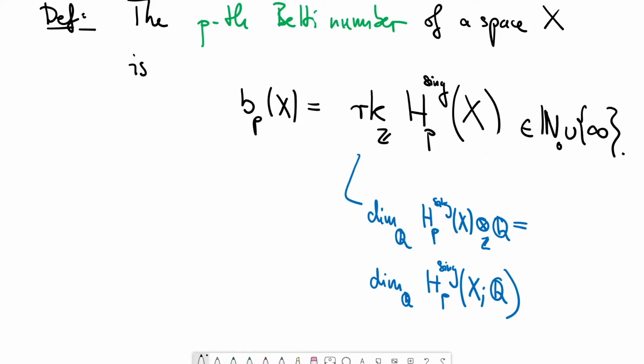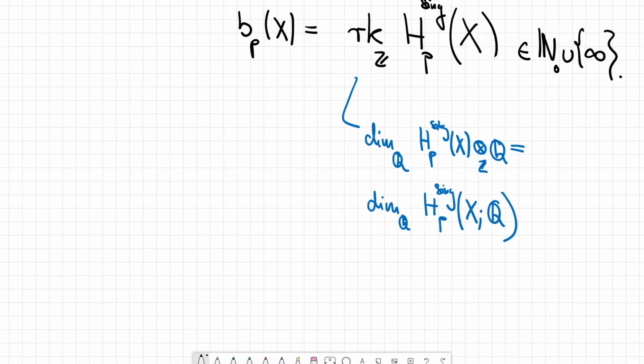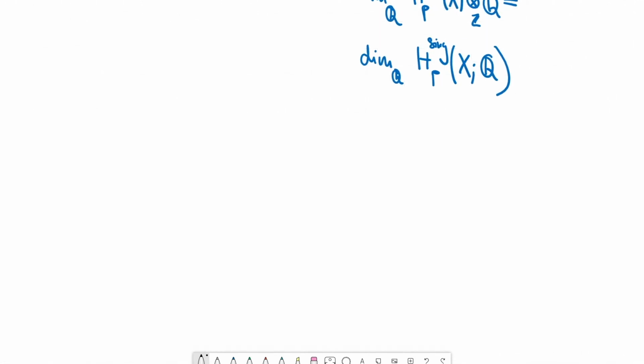Now the theorem that allows us to conclude that the Euler characteristic of a CW complex is really an invariant of the topological space is the Euler-Poincaré formula.